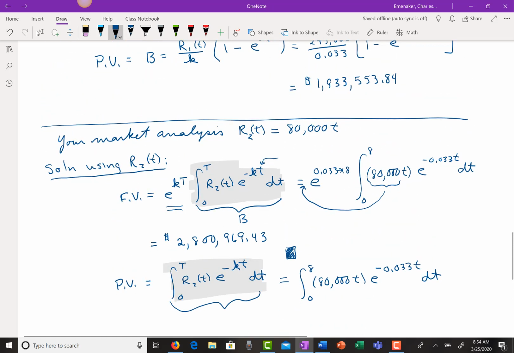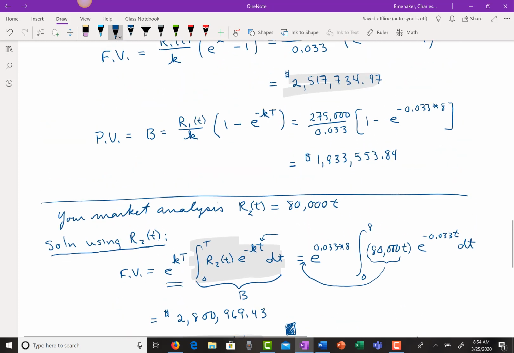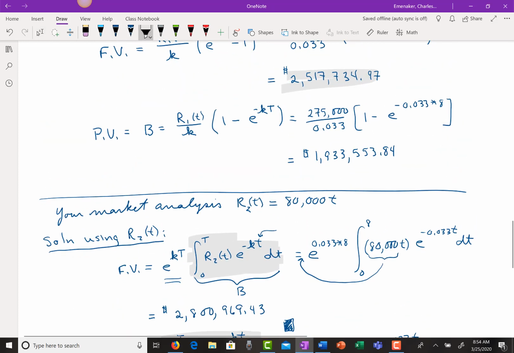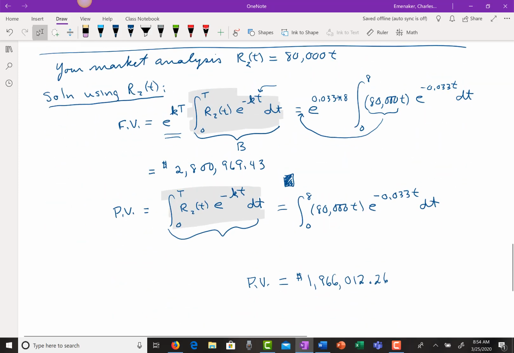Compare this to what the company's asking. What they're asking is 1.93. You're saying, gosh, it looks like it's worth 1.96. Does it look like the company is being fair with you? It looks like it. It looks like what they're doing is they're giving you estimates that are running slightly low.